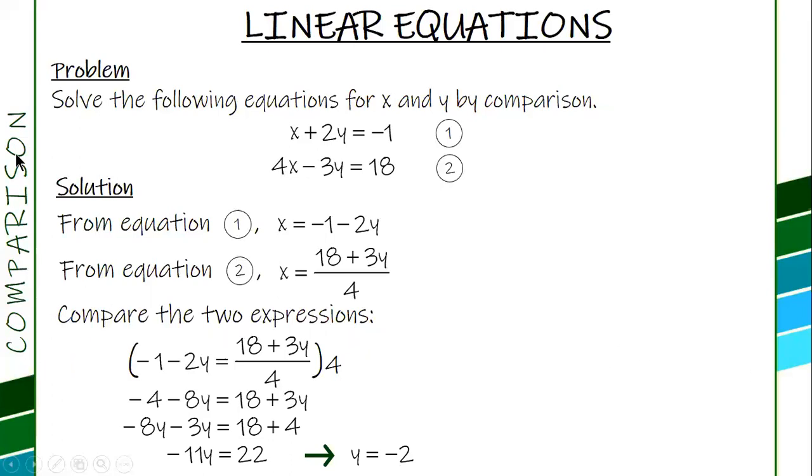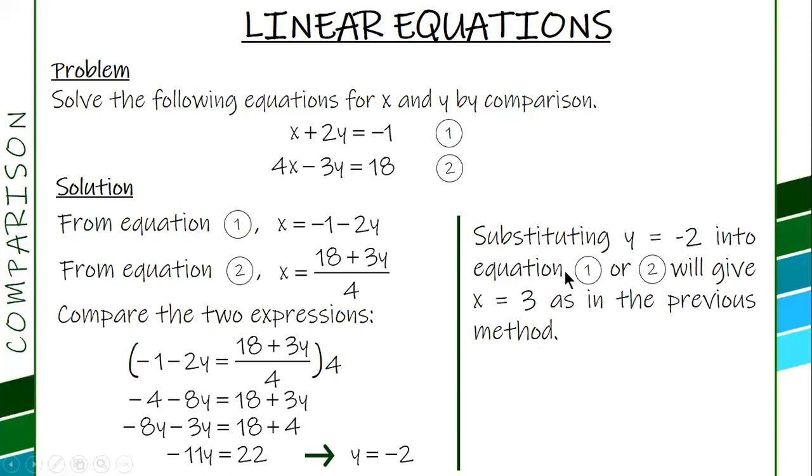Ang method lang, comparison, substitution, or elimination, pag-solve lang na siya sa first variable. Pag-solve sa other variable, substitution na yan. So, substitute y equal to negative 2 into either equation 1 or 2 will give x equal 3 as in the previous method. So, ma-check na ninyo. Okay?